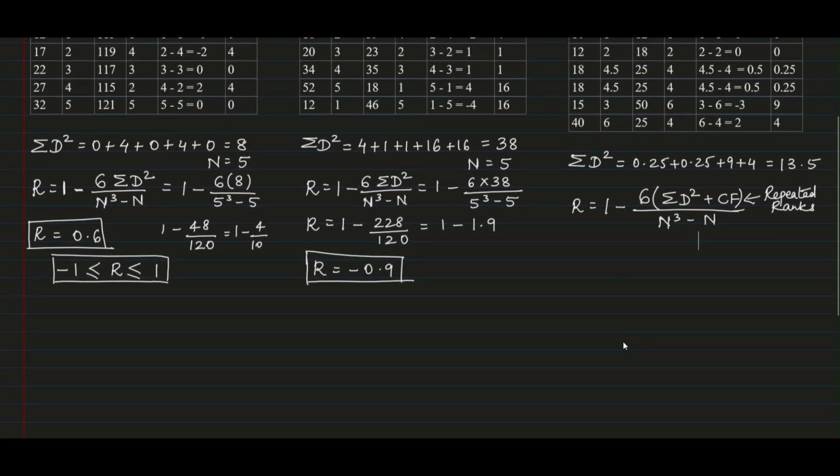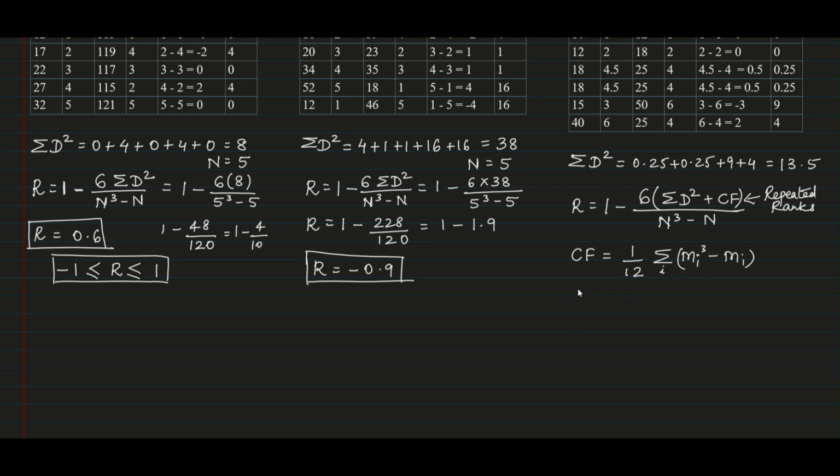But whenever the ranks are repeated, the correction factor has to be evaluated separately. Now let's see how we evaluate the correction factor. Correction factor is 1 upon 12 times summation of mi cube minus mi, for however many ranks have been repeated.